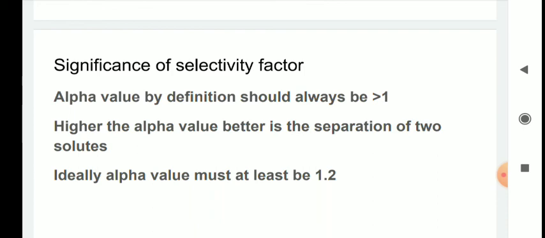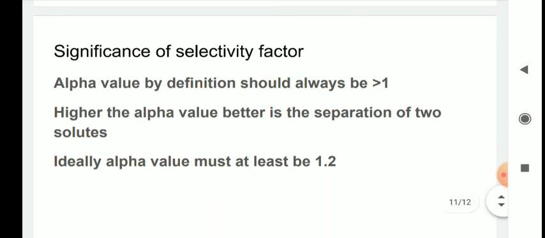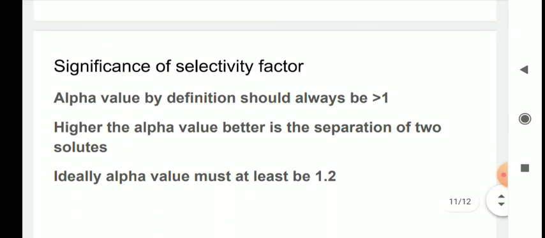And you should create conditions during the separation so that the alpha value comes out to be greater than 1 for two components. Ideally, alpha value must be at least 1.2 for a good separation. If you have an alpha value of 1.2 or more, then the two peaks are well separated, provided the zone broadening is not high.